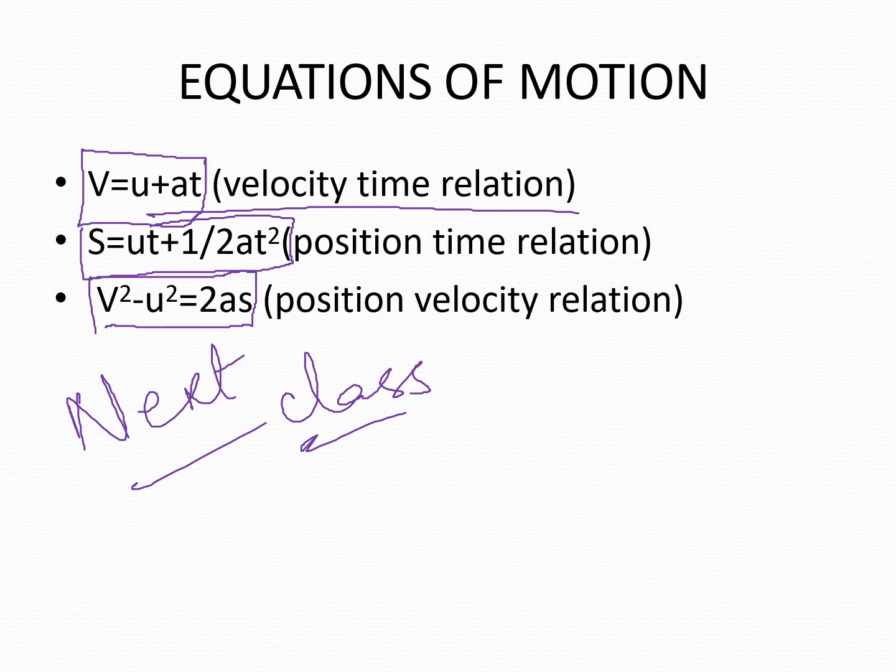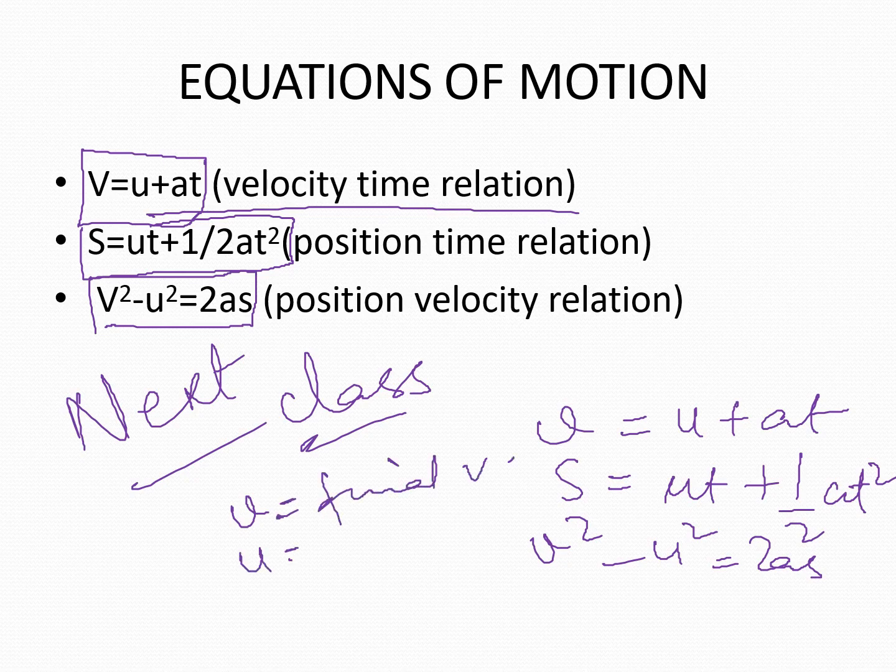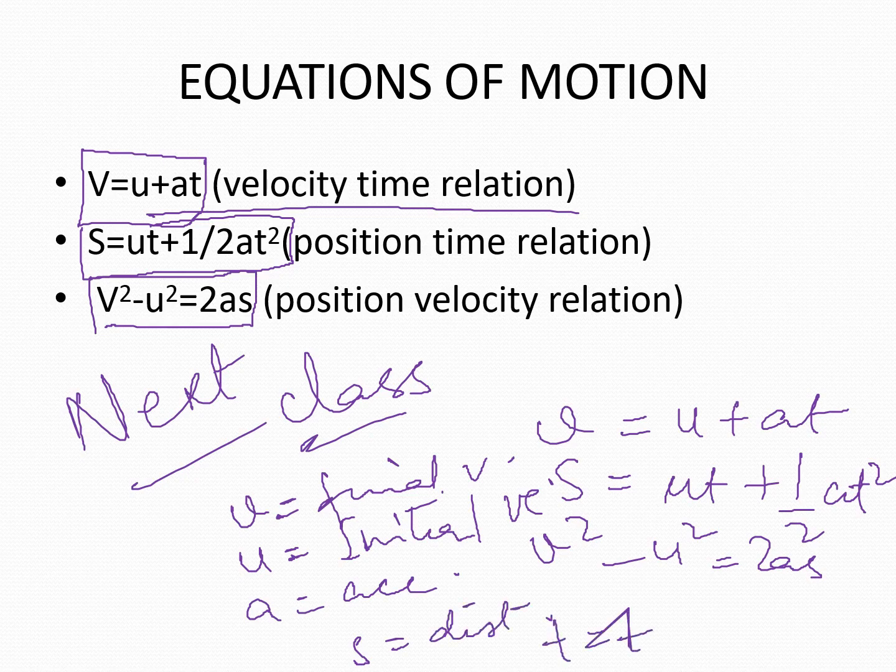These three are very important: v = u + at, s = ut + half at square, and v square minus u square = 2as, where v is your final velocity, u is your initial velocity, a is your acceleration, s is your distance, and t is your time.